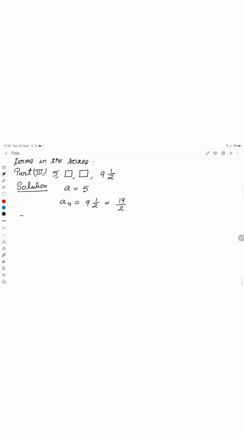Now we know that formula is an equal to a plus n minus 1 d. This formula is used to find out the terms.